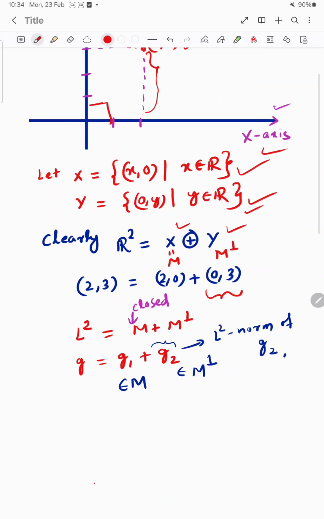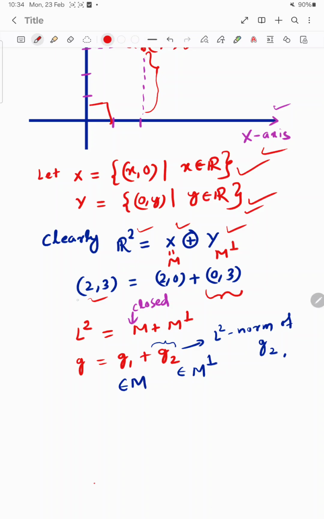Now we know that if a space is written in this direct sum form, then every element which belongs to this R2 has a unique representation. This means we can find an element belonging to the set X and an element belonging to the set Y, and their sum gives this element (2, 3), and this representation is unique. This means we cannot find two different elements which satisfy this.